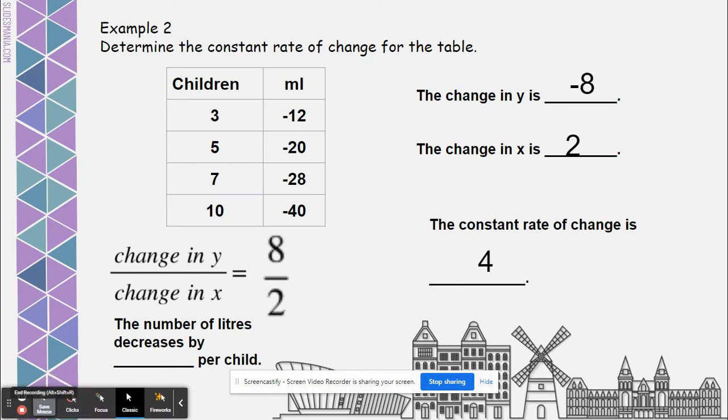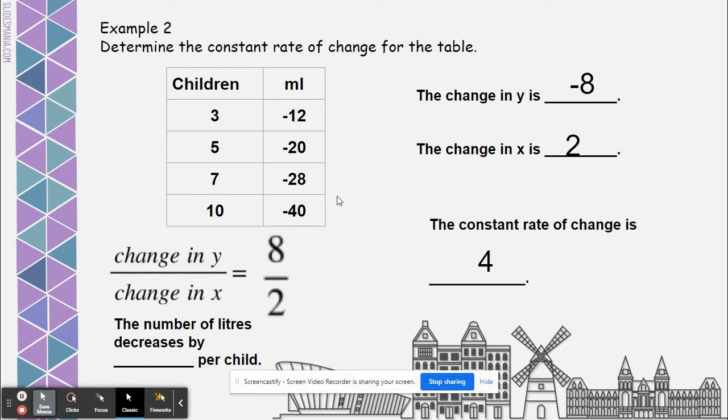Not sure how to get back to my pointer thing, so I can write on the slides here. But hey, I guess I'll figure that out later. But this is negative 8, and negative 8 divided by 2 should be negative 4. So don't make the math mistake that I made on my slide.